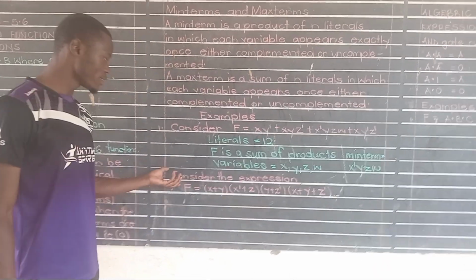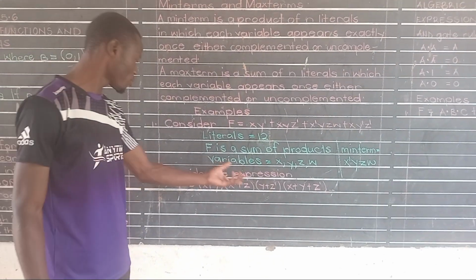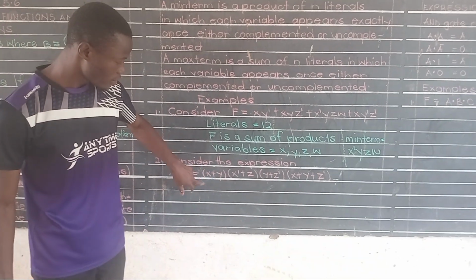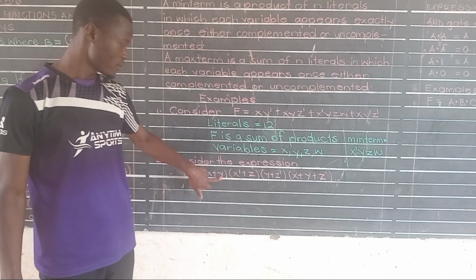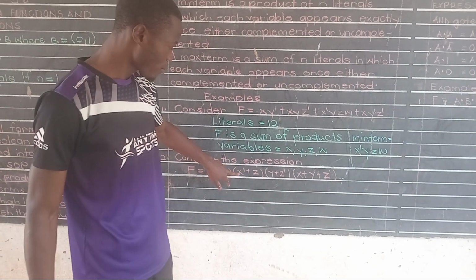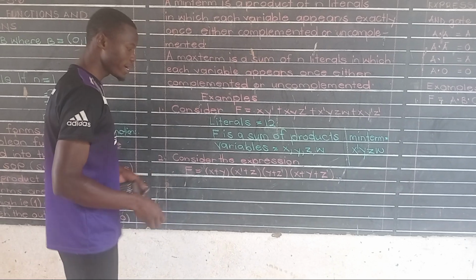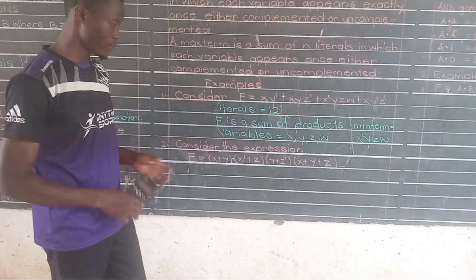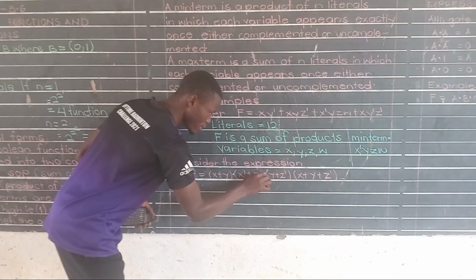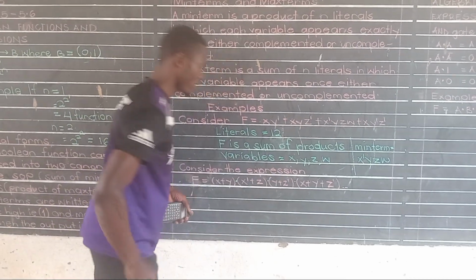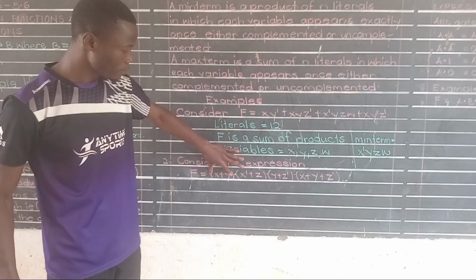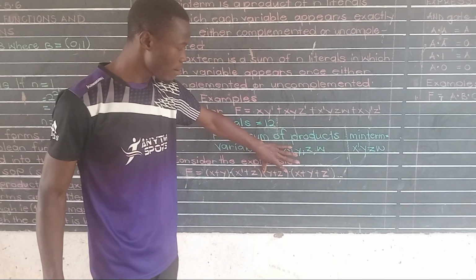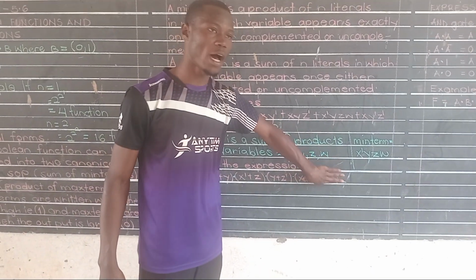So I have here another example, and they're telling me to consider the expression f is equal to bracket x or y, close the bracket, another bracket. So what do I identify here? There is a product. I'm having this term multiplied with this term, multiplied with this term, multiplied with this term.